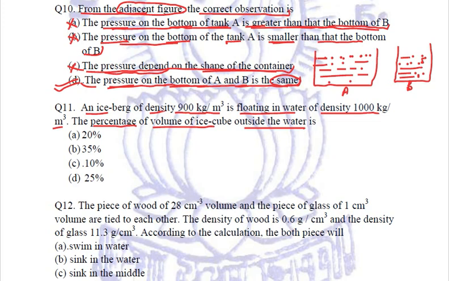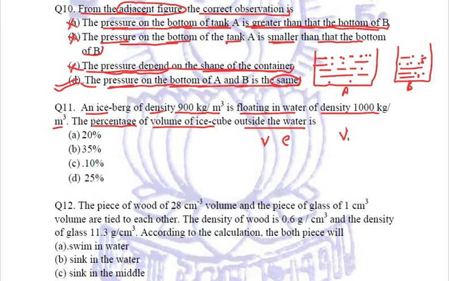First of all, let us relate that the total volume of iceberg that is floating in water is V and the density is represented by rho. Now, if this iceberg is floating with the volume, let us take that volume inside to be V1.